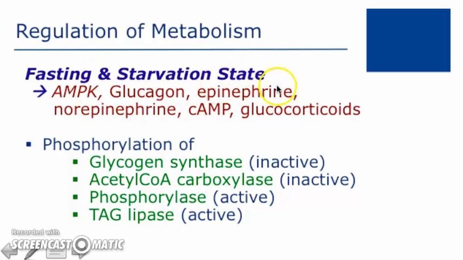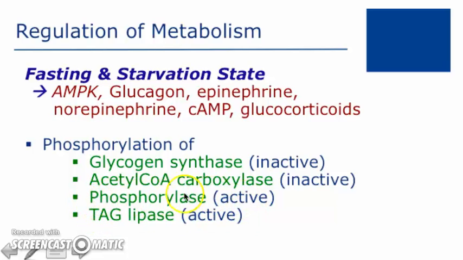We see that the result of these hormones and other metabolic signals is largely going to promote the phosphorylation of key enzymes, and some of the main key enzymes that we've been discussing have been glycogen synthase, acetyl-CoA carboxylase, phosphorylase, and triacylglycerol lipase. We'll see with the phosphorylation of these enzymes that the enzymes promoting anabolic processes will be inactivated, and those enzymes promoting more catabolic processes will be active.